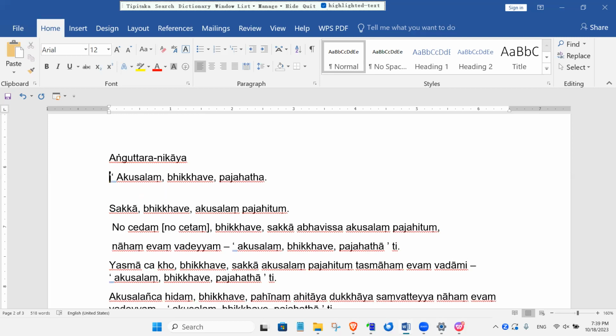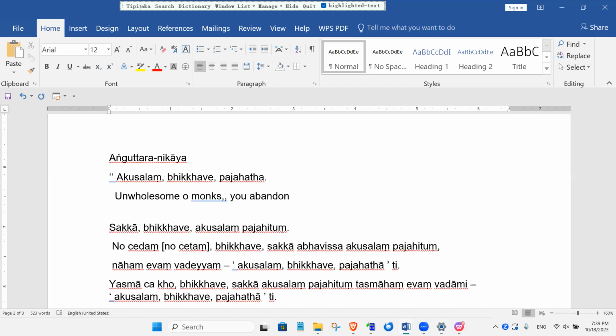Akusala dhamma means unwholesome things. O monks, you abandon. So the whole sentence will be: O monks, you abandon the unwholesome things. Is it easy? Right, it's easy.